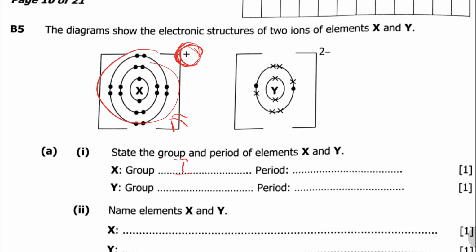Okay. Now, in which period? Now, the number of shells determines the period. So we have, this is shell number 1, this is number 2, this is number 3, and the number 4 where there was this single electron here. So it is period 4. Okay? Period 4.